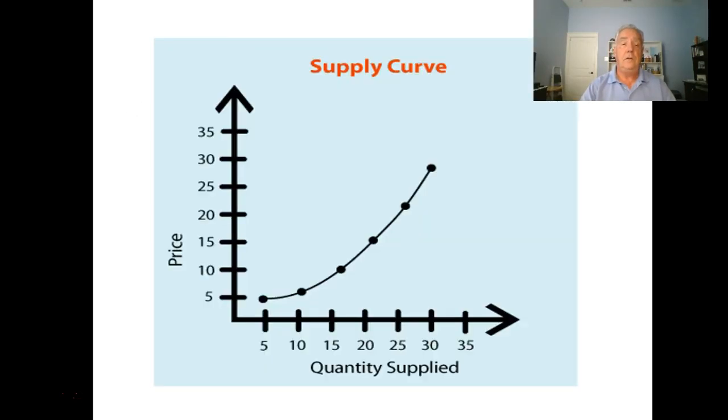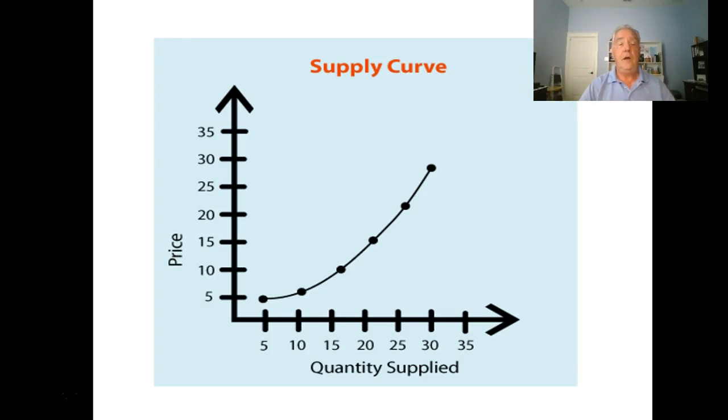Okay, I duplicated that. All right, here's what the supply curve looks like. The supply curve is always upward sloping and to the right. The demand curve is always downward sloping and to the left. Okay, so you'll see here at a price of 5, the producer will produce 5 units. At a price of 6 or 7, it goes to 10.